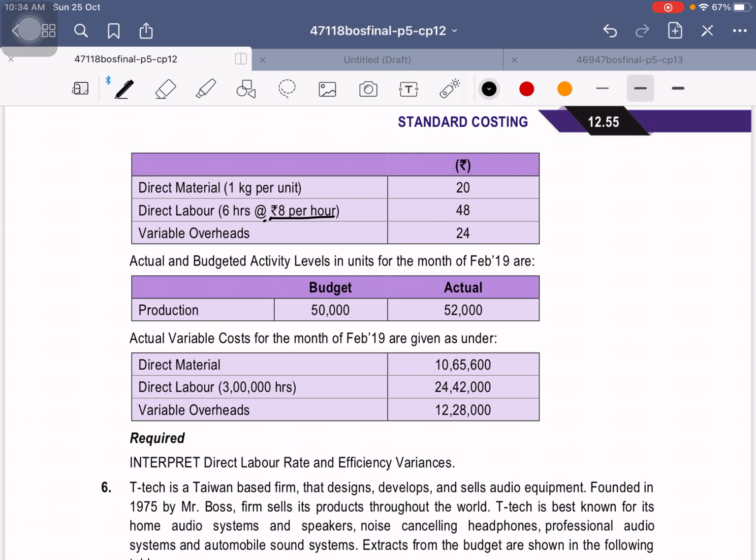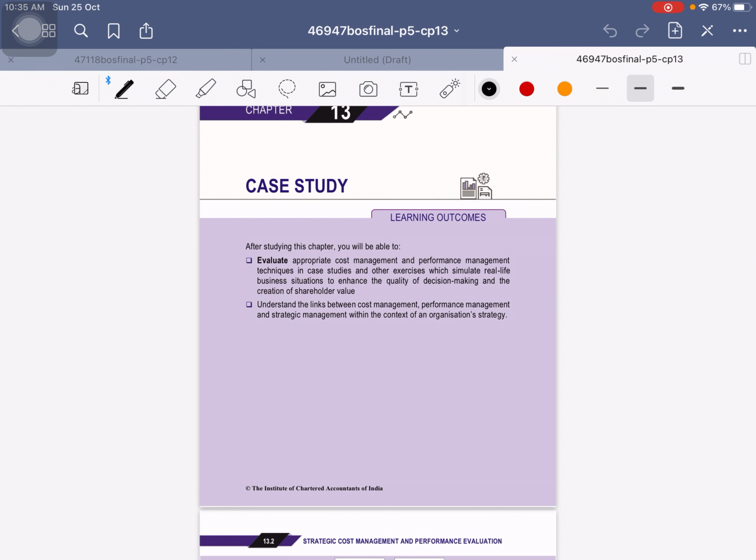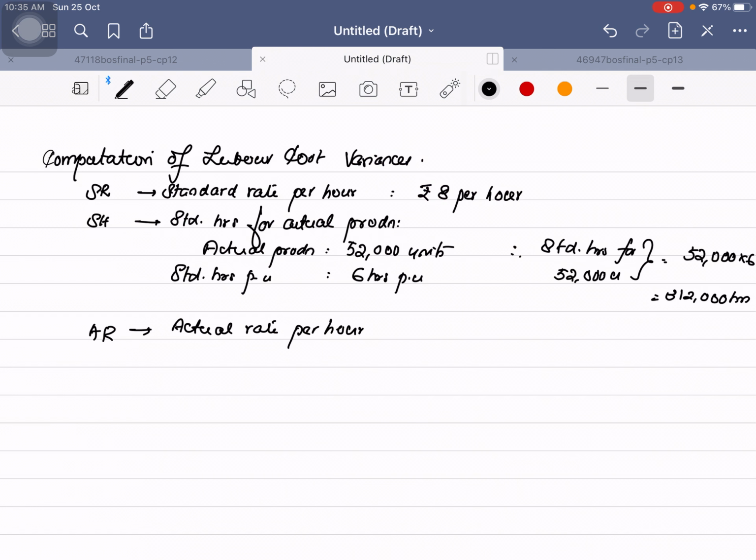If you see the question, they say the actual labor cost was 24,42,000 and actual labor hours was 3 lakh. So AR will be actual labor cost divided by actual labor hours.